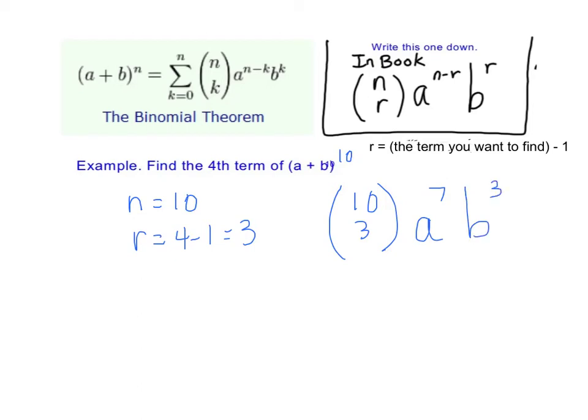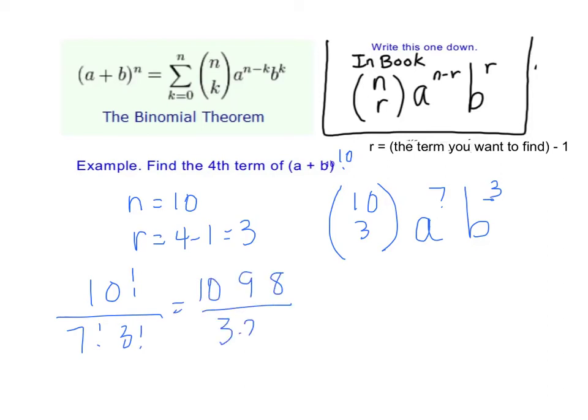Because this is to the 10th, these two exponents have to add to 10. So I just need to find 10 factorial over 7 factorial, 3 factorial, which is 10, 9, 8. The 7's go away, and then 3, 2, 1. So that is 12 times 10, which is 120. So my term is 120, a to the 7th, b to the 3rd.